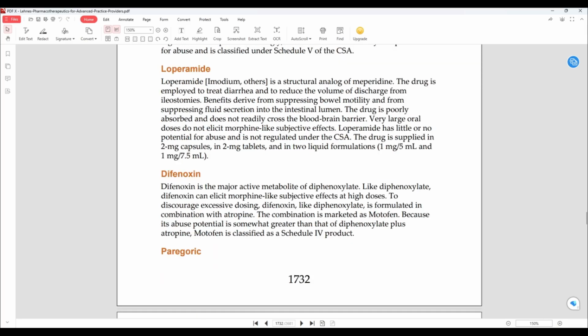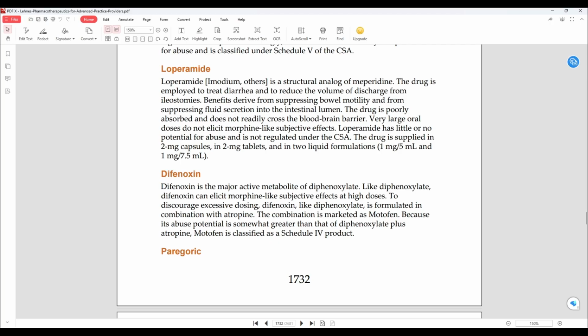Loperamide, also known as Imodium, is a structural analog of meperidine. The drug is employed to treat diarrhea and to reduce the volume of discharge from ileostomies. Benefits derive from suppressing bowel motility and from suppressing fluid secretion into the intestinal lumen. The drug is poorly absorbed and does not readily cross the blood-brain barrier.